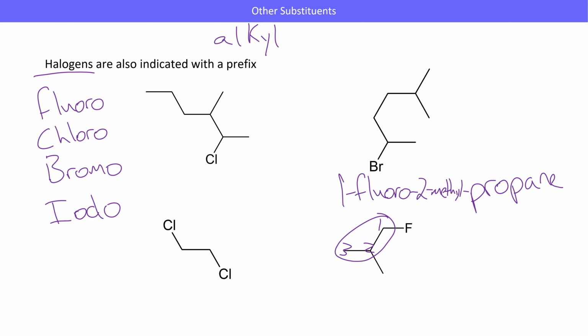So they only get capitalized if they're at the beginning of the sentence, just like any other noun. And I'm not sure what to do with the numbers in front, if you would capitalize the F here if the 1 comes before it. I think you would, but it doesn't really matter. If we had a page on a test that said name them and we wrote it all lowercase, that'd be fine.